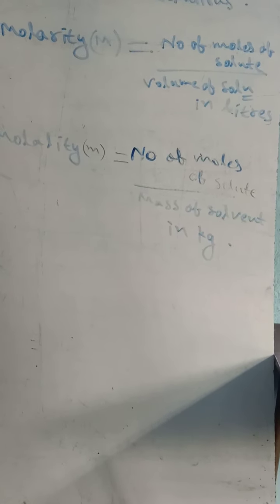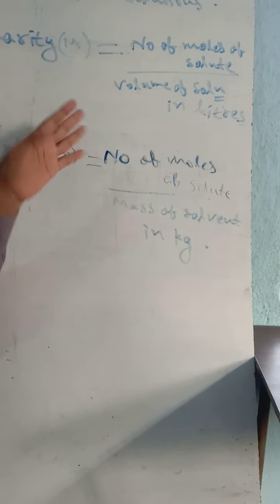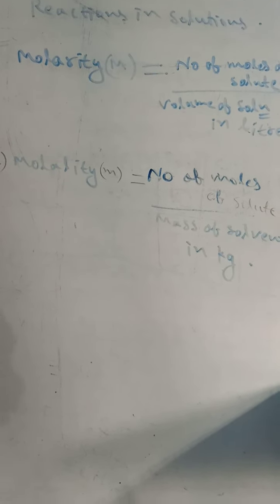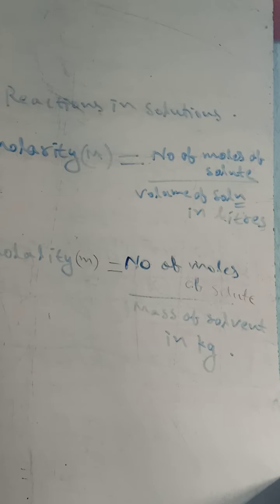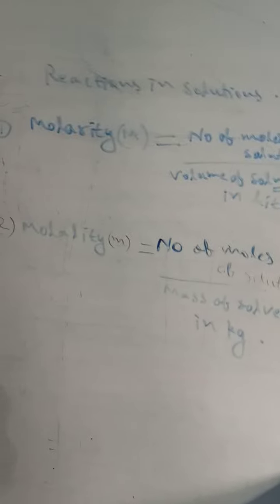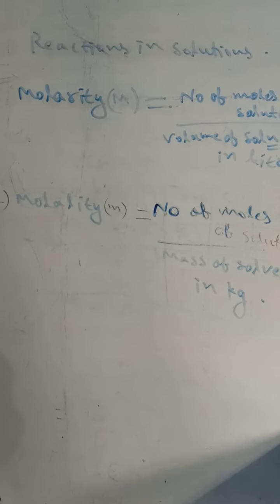Listen, very simple. First, 20 gram sodium hydroxide. Calculate its molecular mass. So I think 40 u: Na 23, oxygen 16, hydrogen 1.